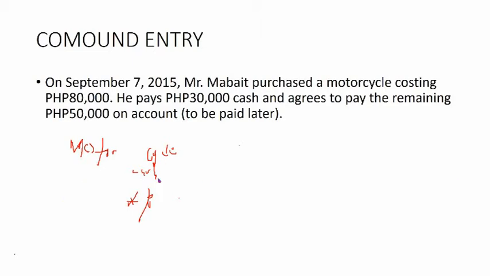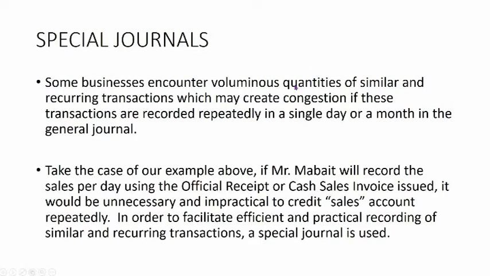As I have mentioned earlier, there are transactions like this one that exist in multiple transactions a day. So to stop the congestion of the entries, we use the special journals. There are some businesses that encounter similar and recurring transactions which may create congestion. Just take a look at the example about sales.